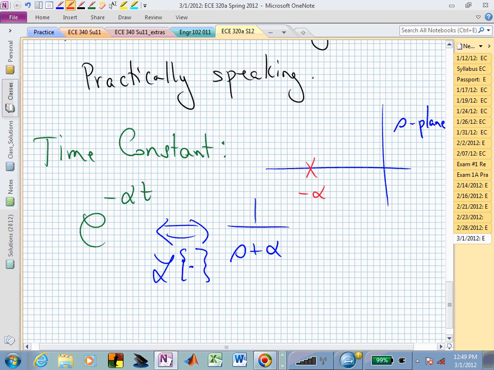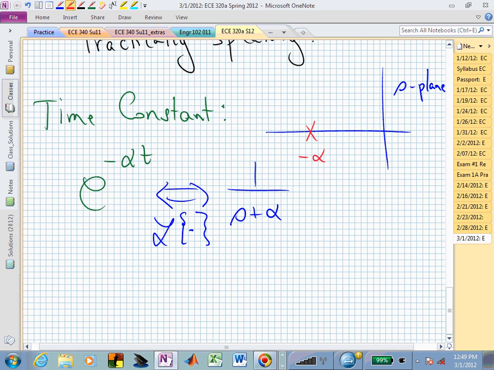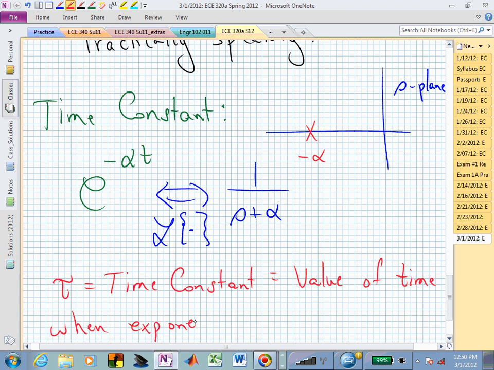Now, that's not the time constant, so I'm really jumping around. How do you determine the time constant? Well, it's the time value, so it's the value of t when that exponent equals 1.